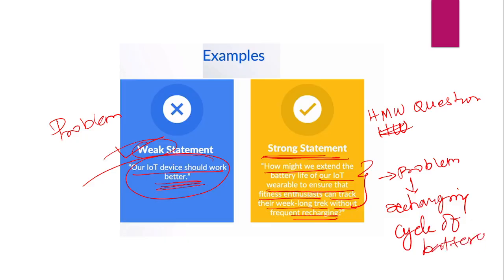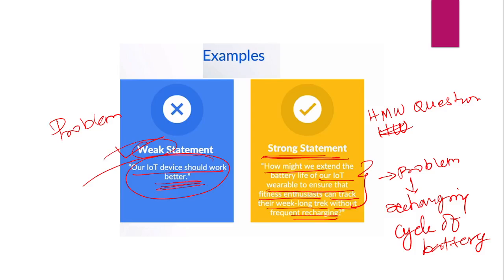They have to avoid frequent recharging, and the battery has to last for the week. Sports enthusiasts need not recharge frequently. So these are the things you address by crafting the problem statement effectively.